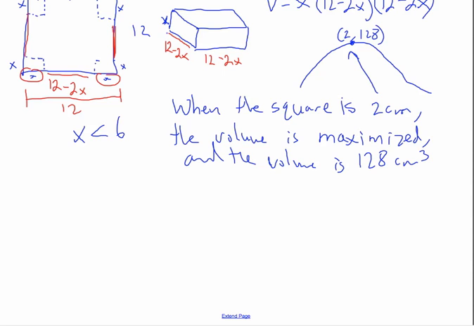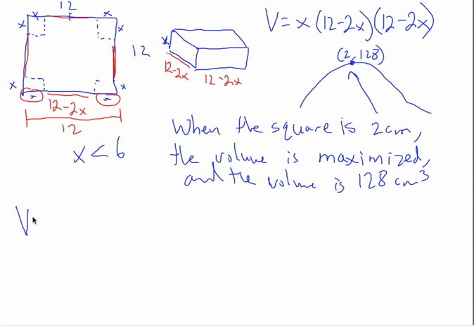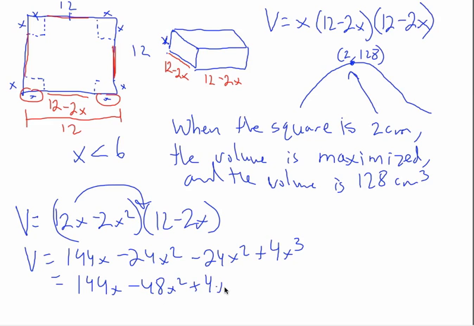Let me just show you, because sometimes you might have to do this by getting the derivative as well. So the volume, if I simplify here, is (12x minus 2x squared) times (12 minus 2x), and that equals 144x minus 24x squared minus 24x squared plus 4x cubed, which is 144x minus 48x squared plus 4x cubed.